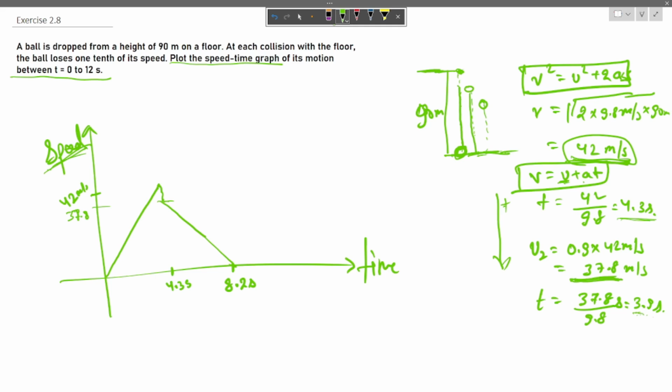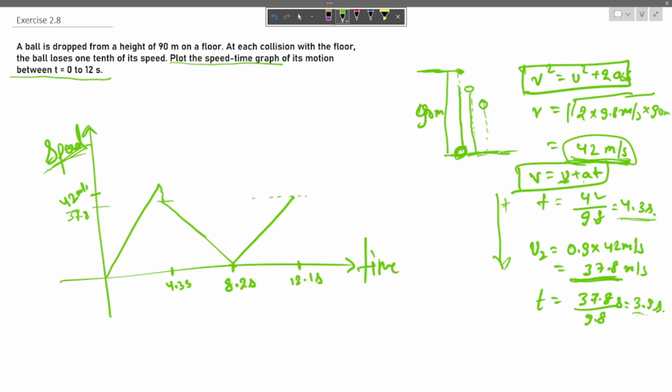So at this level it is going to rise again in 3.9 seconds. So it would be 12.1 seconds. Velocity will rise to 37.8 meters per second.